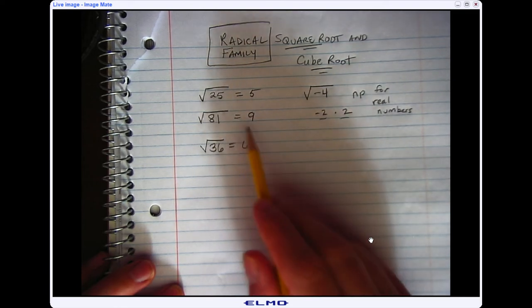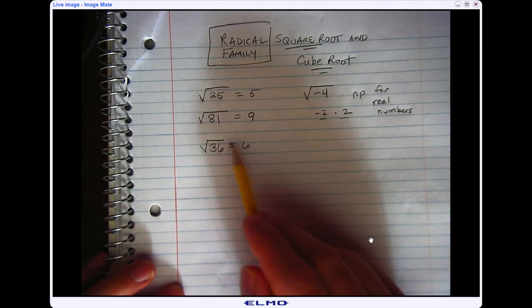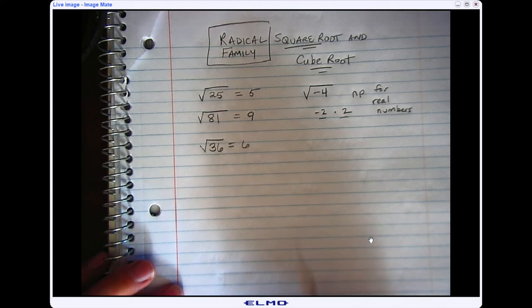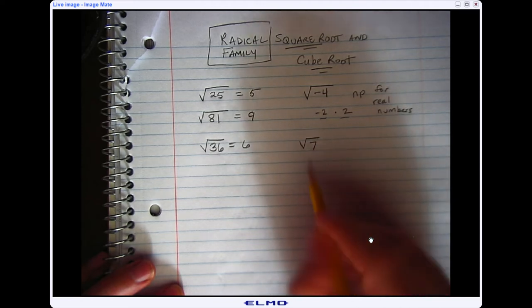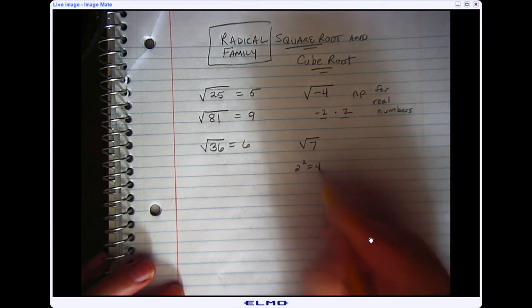Now, when you do a radical square root, you don't always get a perfect square. My first example would be the square root of 7. That's not a perfect square. So what I like to start with is to multiply by whole numbers that are close to 7. If I did 2 squared, or 2 times 2, I would get 4.